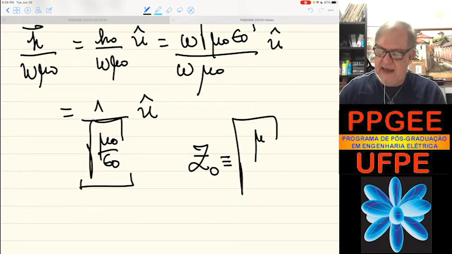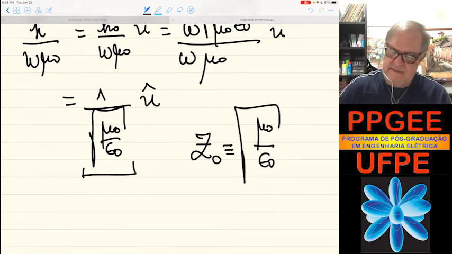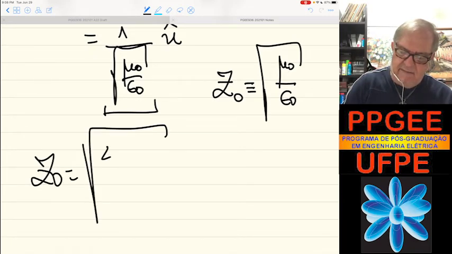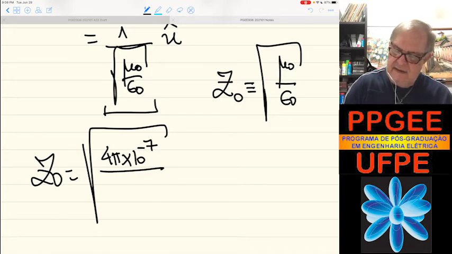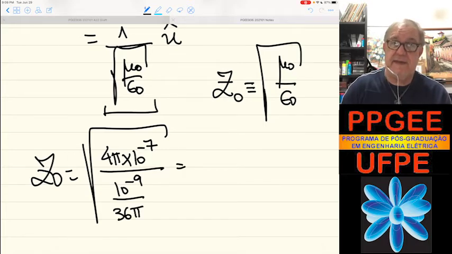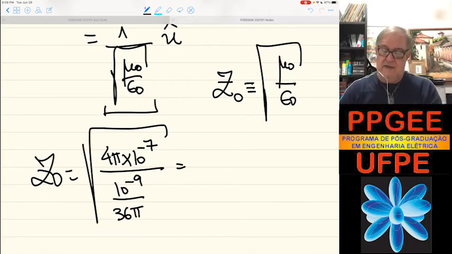Let's see the number we get. 4 pi times 10 to the minus 7, divided by 10 to the minus 9 over 36 pi, approximately. So 36 times 4, right? It's going to be 2 times 6.